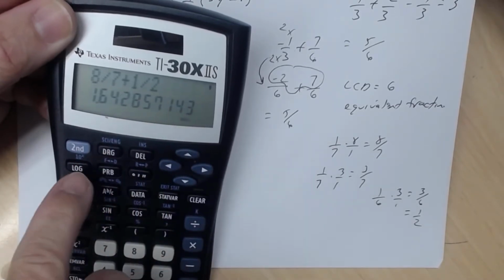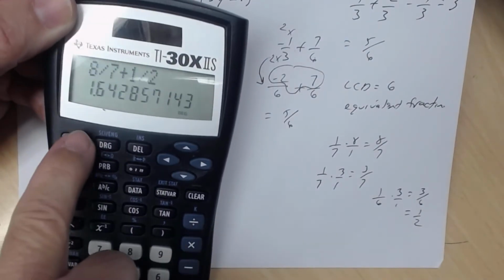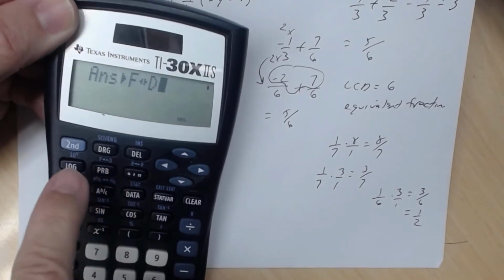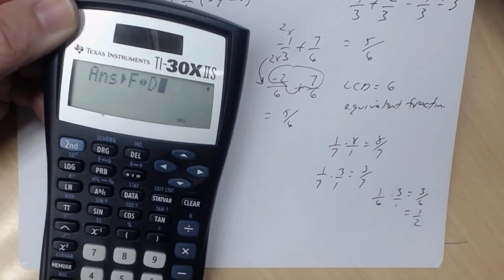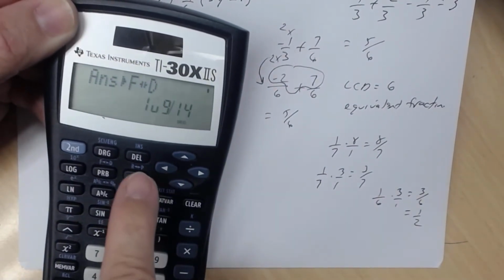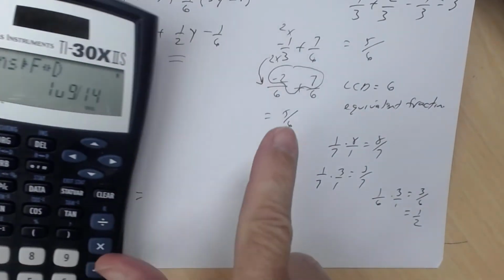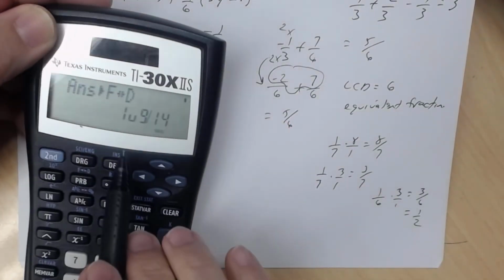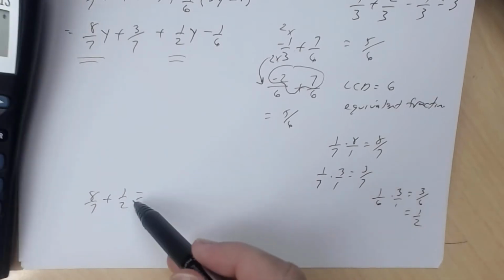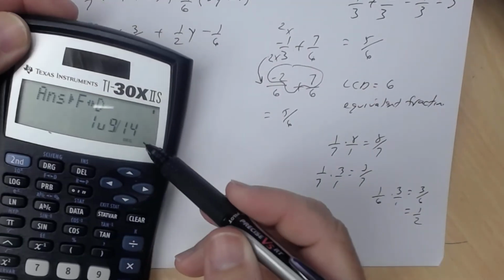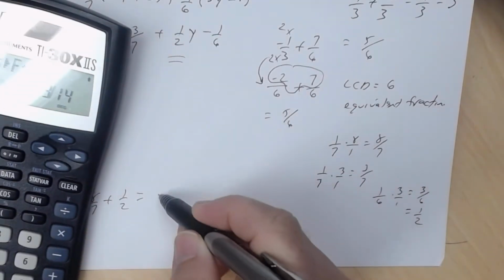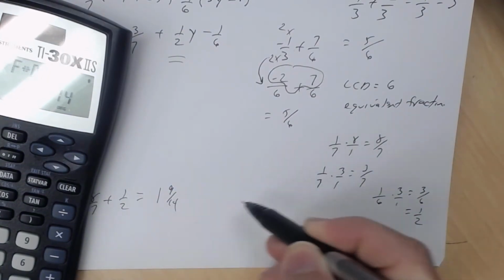Now watch what happens when I do that. So remember how to do that, though. You press second, and then P or B. This shows up, and then you press equal. Now see how this looks? That looks a little bit different than the other one. So this is a mixed number, 1 and 9/14.